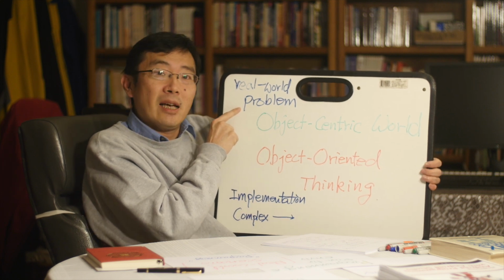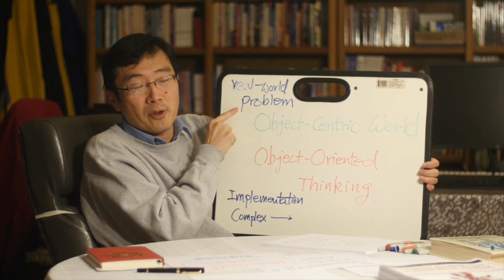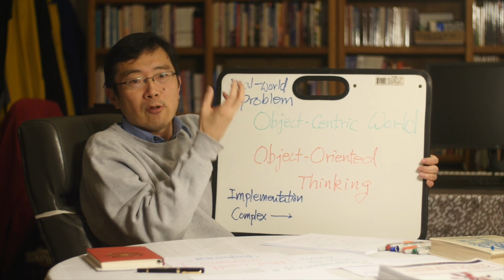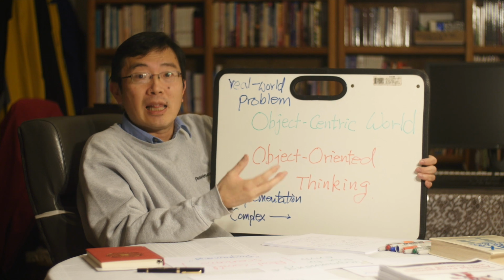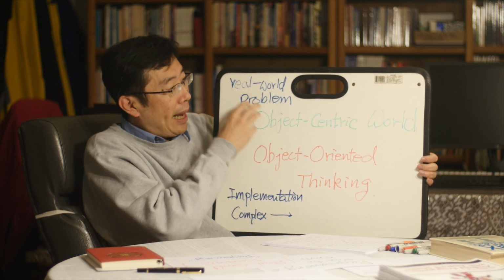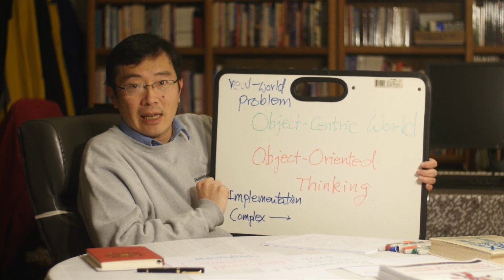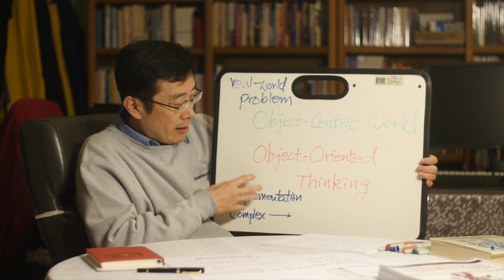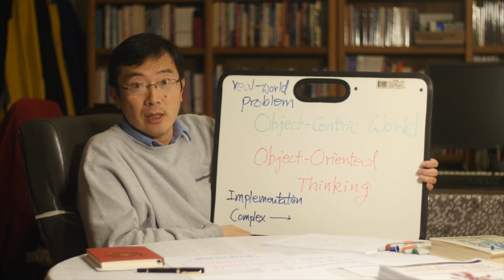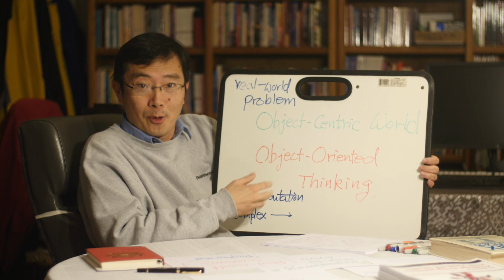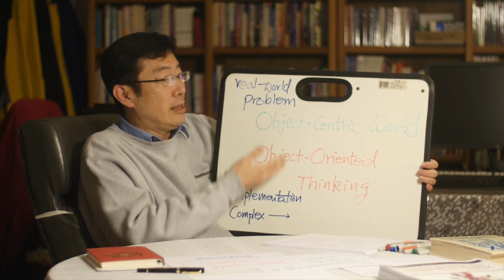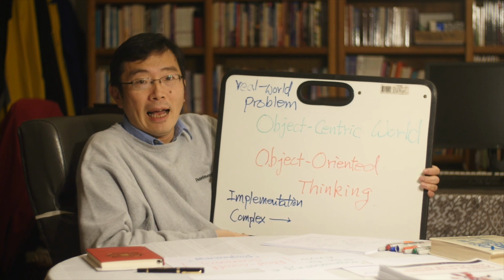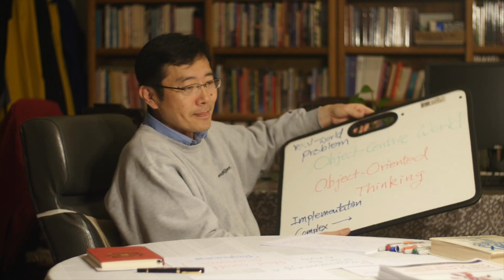For example, at the end of the quarter, we might be able to see a very scaled-down version of how a social media system is actually implemented, by using object-oriented thinking. And you will spend a lot of interesting time learning not just the thinking, but how to realize it in implementation.